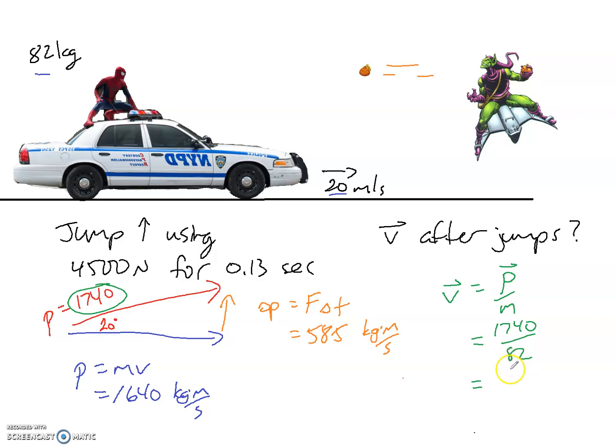Dividing those two, we get about 21.2 meters per second. And the angle would be the same as the momentum angle. That's the way he's going, so it's 21.2 at about 20 degrees. And that would be his velocity after jumping to avoid the pumpkin bomb.